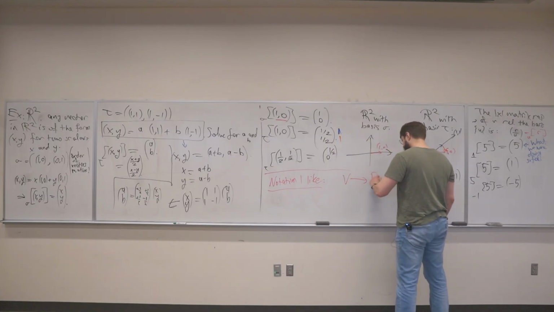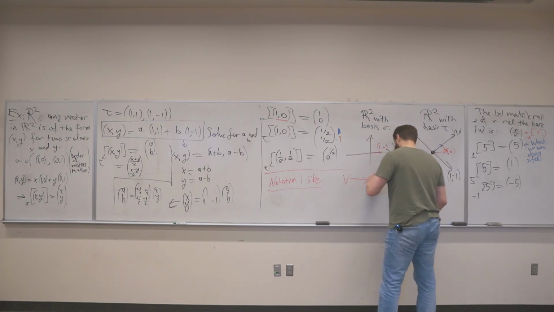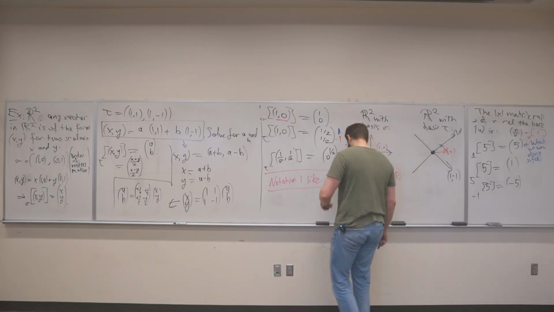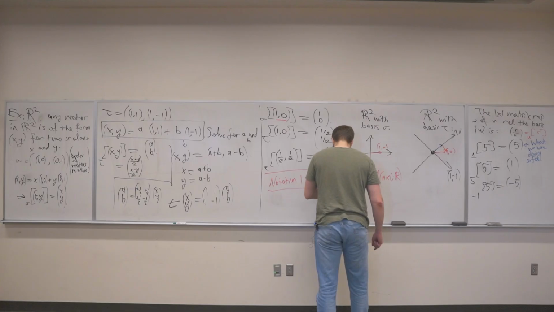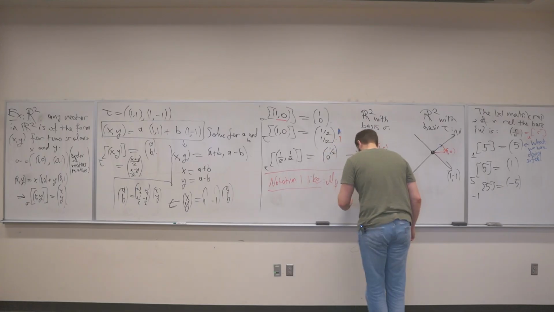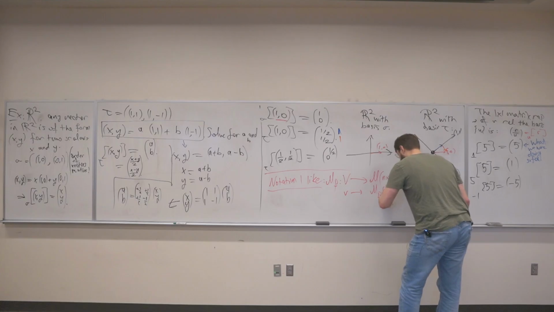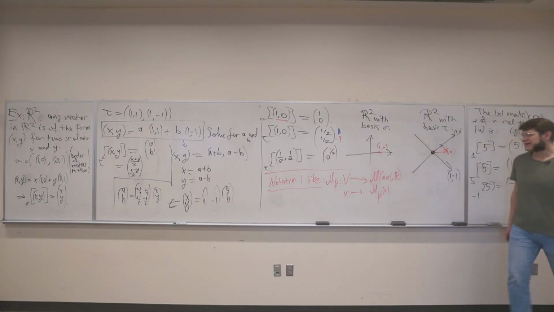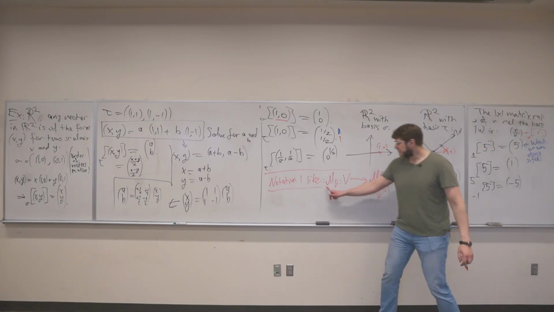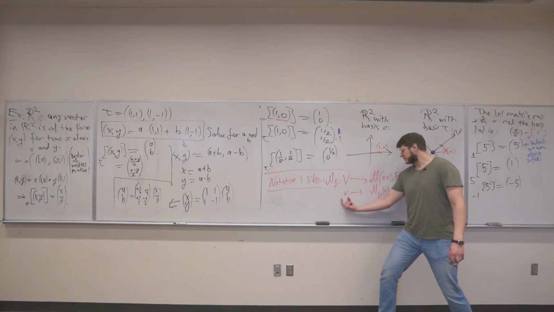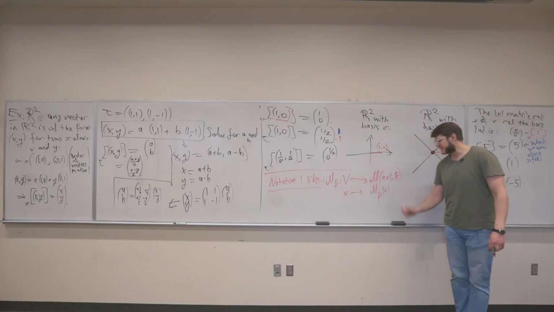I would write it like this. Beta is a vector here. M sub beta is a transformation that takes your wild vector and turns it into an n by 1.